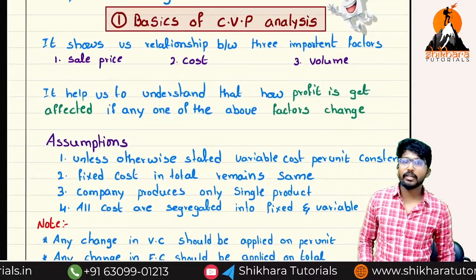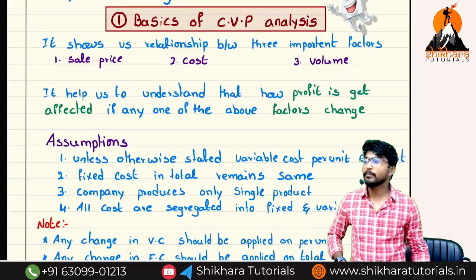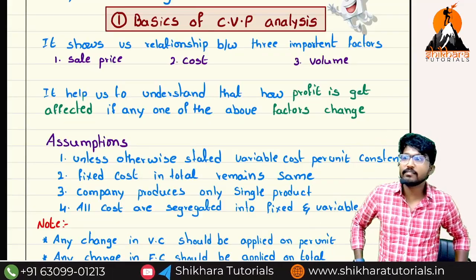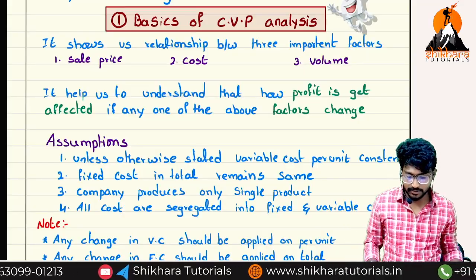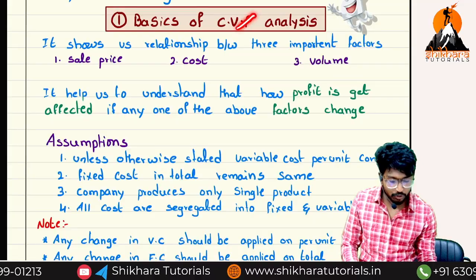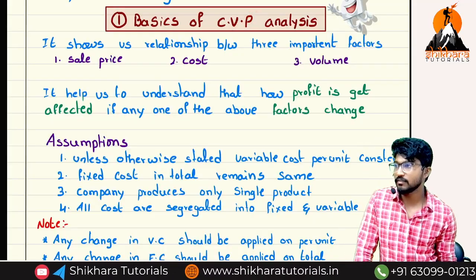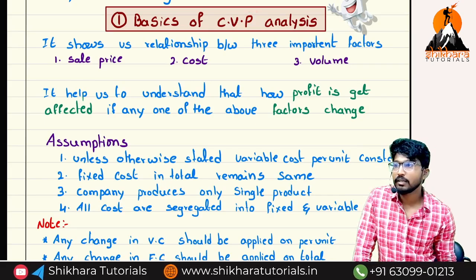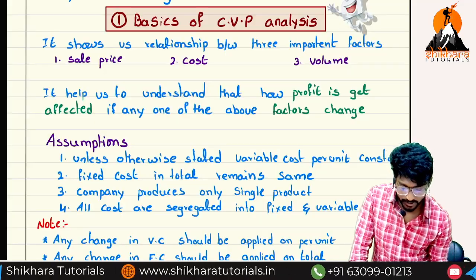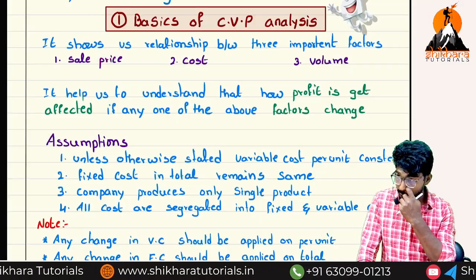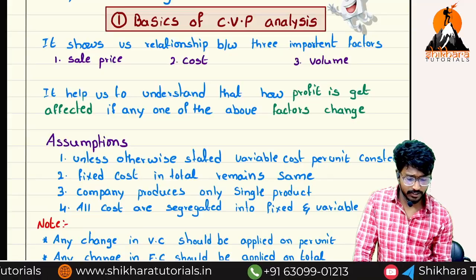Now, coming into the first topic, that is basics of CVP analysis. What is CVP analysis? Cost, volume, profit analysis. The CVP analysis shows the relationship between three important elements. One is selling price, another one is cost, and finally volume.